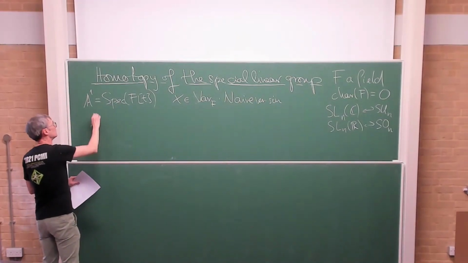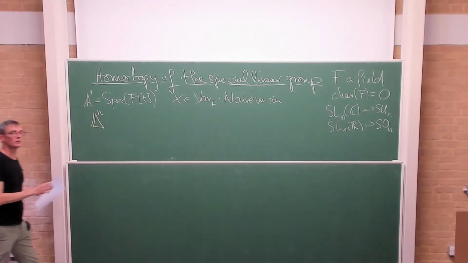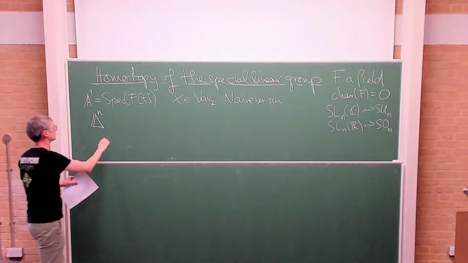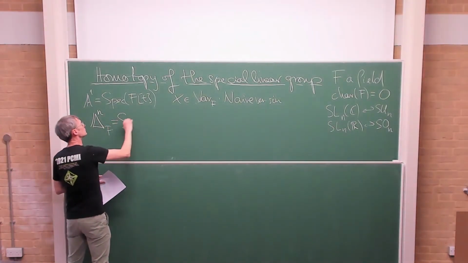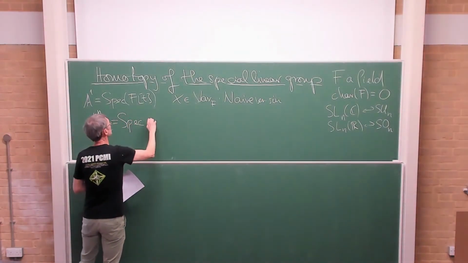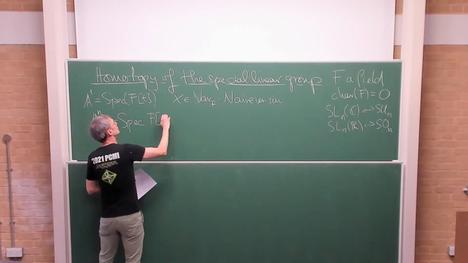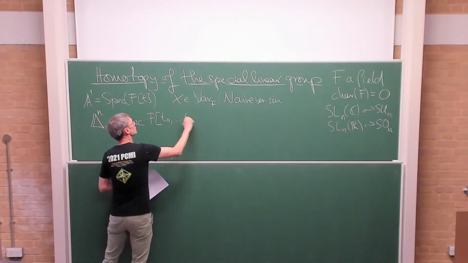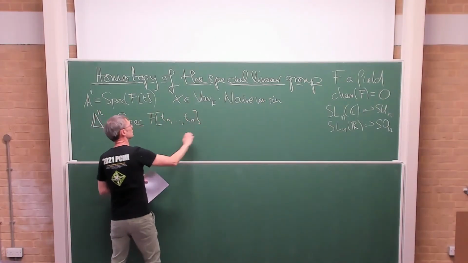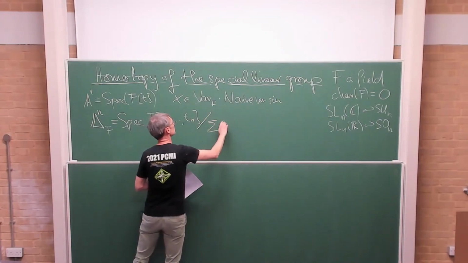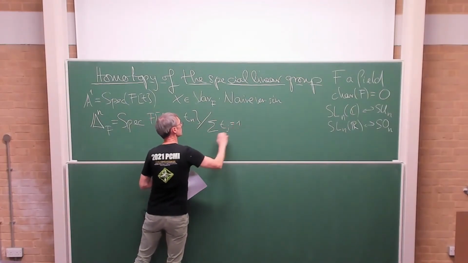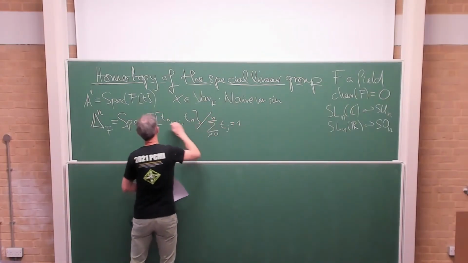For this, let me define the affine standard n-simplex over F. This would correspond to a polynomial ring in n+1 variables modulo the sum of these variables being 1.